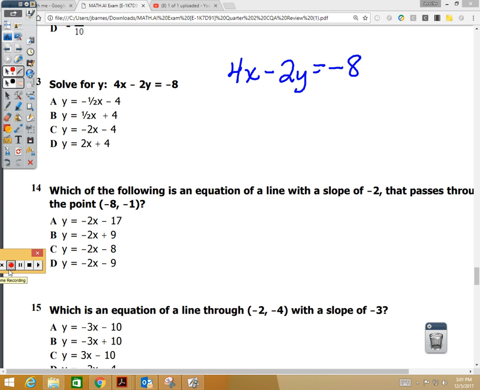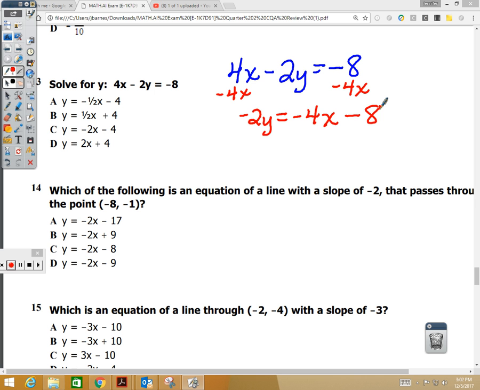We are on question 13. Question 13. So in question 13, it wants you to solve for y, meaning we need to get rid of the 4x, we need to get rid of the minus 2 that's in front of that y. So the first thing I'm going to do is get rid of the 4x by subtracting 4x from both sides. That's going to give me negative 2y equals negative 4x minus 8.